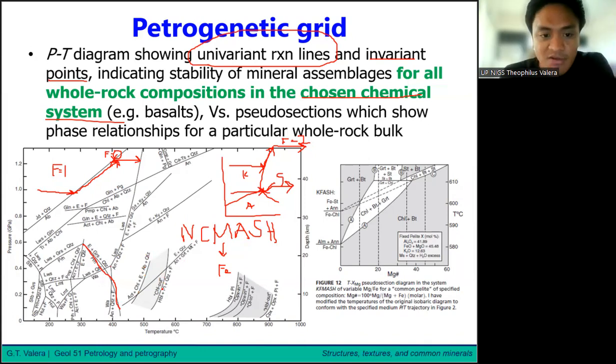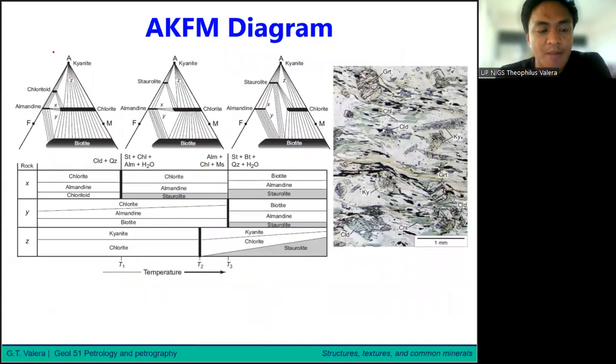However, as we've seen before, pinapakita ng chemographic diagrams natin na although this reaction, for example, is possible, yung ating shift from chloritoid to staurolite, not all bulk compositions would show that. Okay? If you look at Y, hindi niya ipapakita yung reaction na chloritoid staurolite.